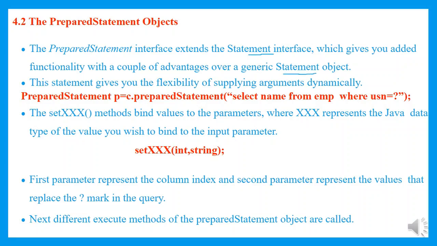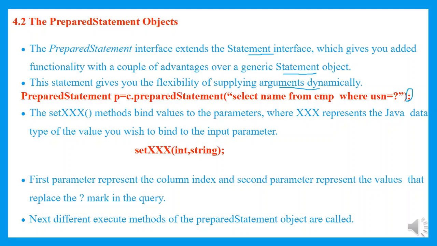The advantage of PreparedStatement is that we can supply the arguments dynamically, compared to the Statement object. Let us see an example. I am making use of a PreparedStatement, and the query is select name from employee where USN is equal to question mark. This question mark means a value can be passed dynamically as an argument to this query.